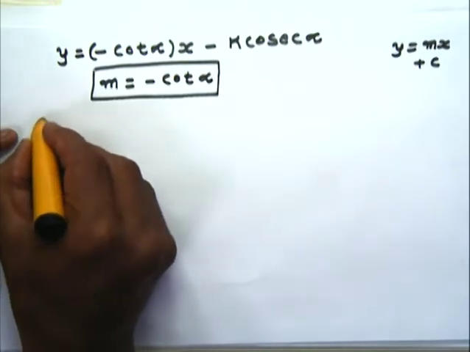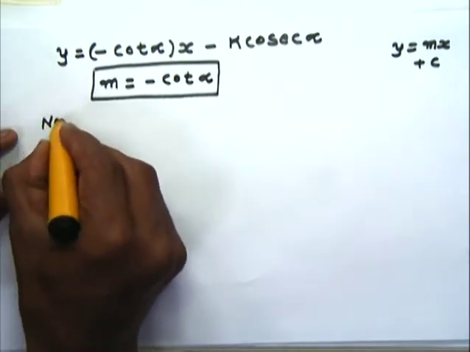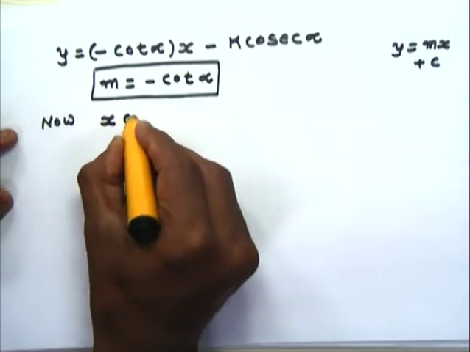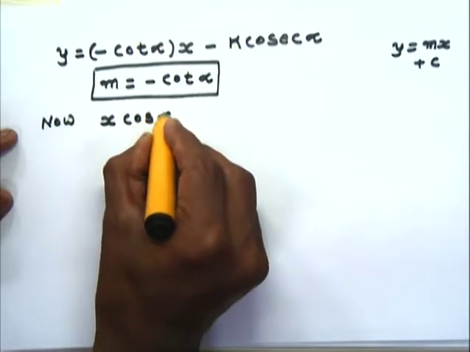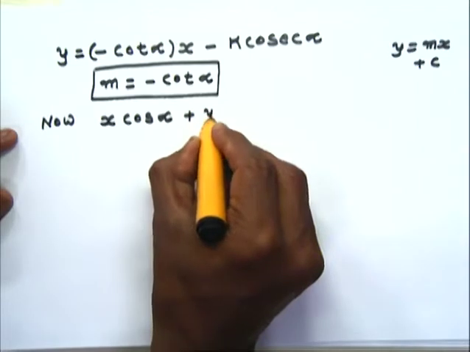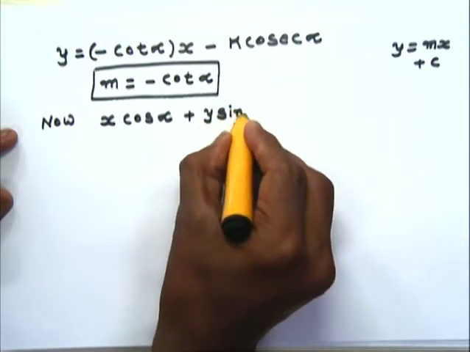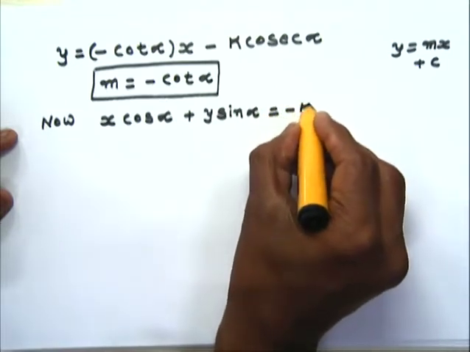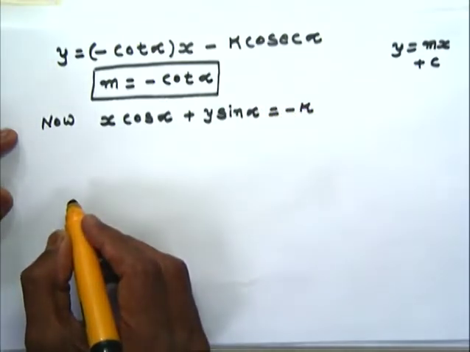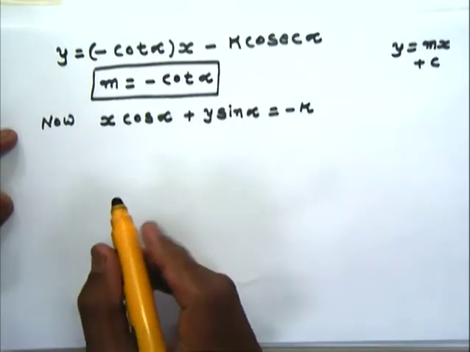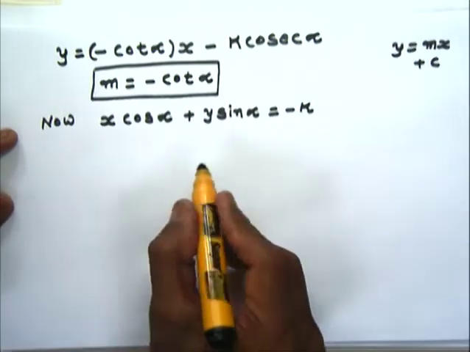For that, let us rewrite our equation: x cos alpha plus y sin alpha is equal to minus k. Next, let us divide this equation by minus k.